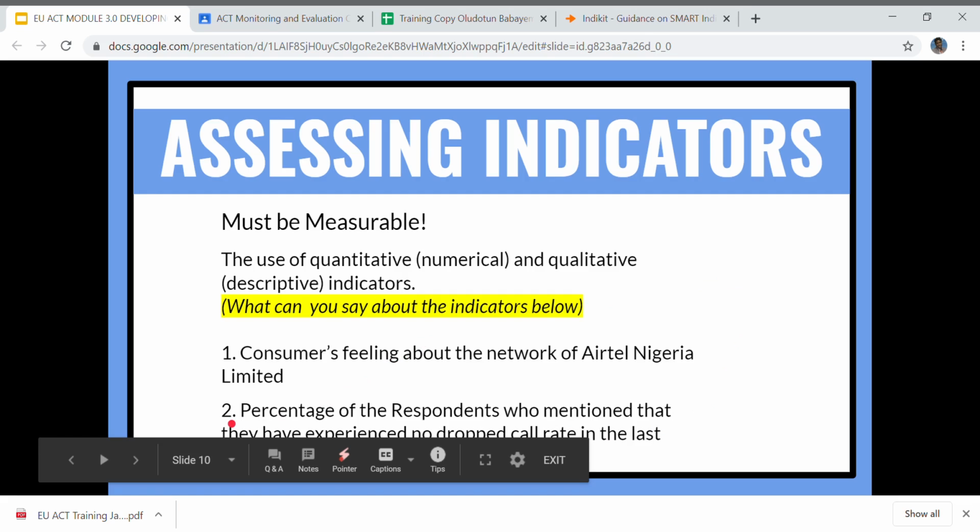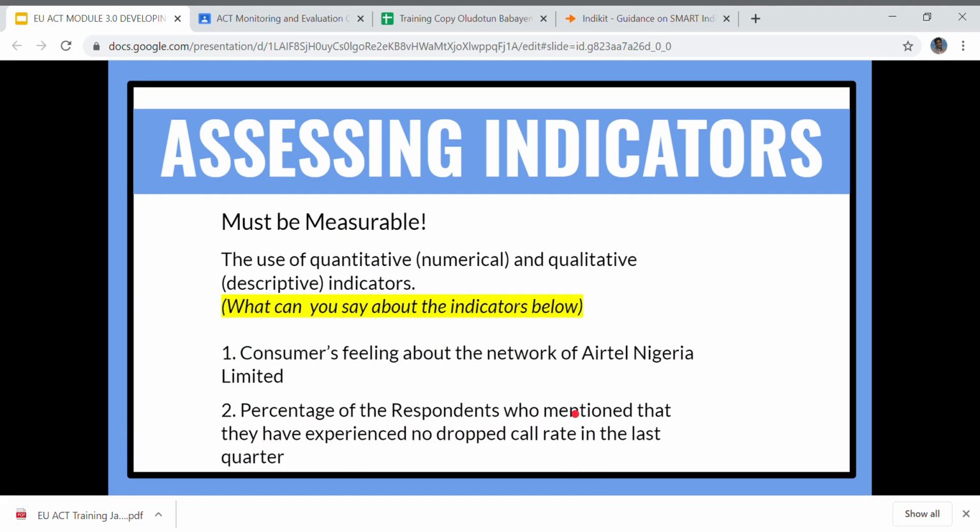Two is preferable to one because you can actually measure, out of your respondents, those that mentioned that they did not experience drop calls in the last quarter, right?